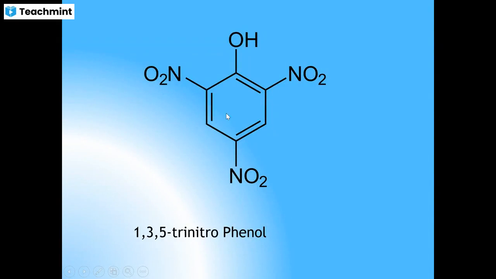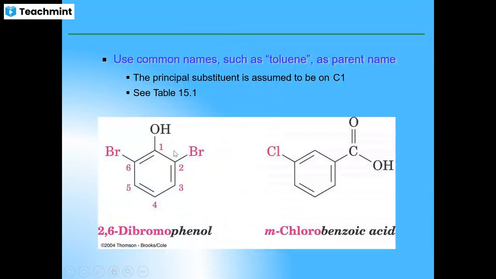It must be 2,4,6, not 1,3,5. At the second, fourth, and sixth positions these nitro groups are present. So this name is not correct. Its name is 2,4,6-dinitrophenol.